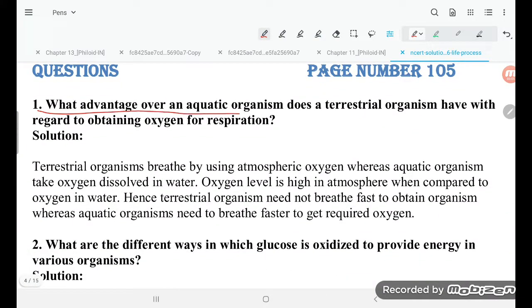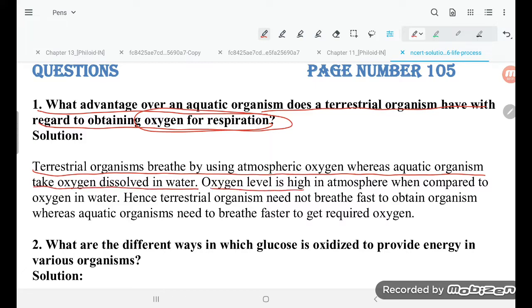What advantage over an aquatic organism does a terrestrial organism have with regard to obtaining oxygen for respiration? Terrestrial organisms breathe using atmospheric oxygen, whereas aquatic organisms take oxygen dissolved in water. Oxygen level is high in the atmosphere compared to the oxygen in water.